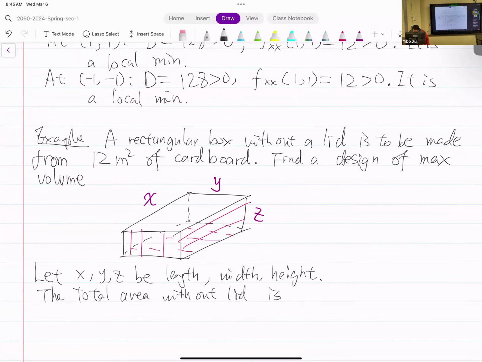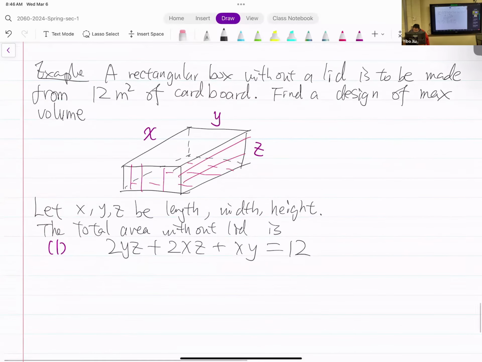The front and back is YZ, multiplied by 2. Plus left and right, that's 2XZ. And then we only have the bottom, that's XY. So we don't have the top. The whole thing is 12, the area of the 5 sides. This is the constraint, which we call equation 1.